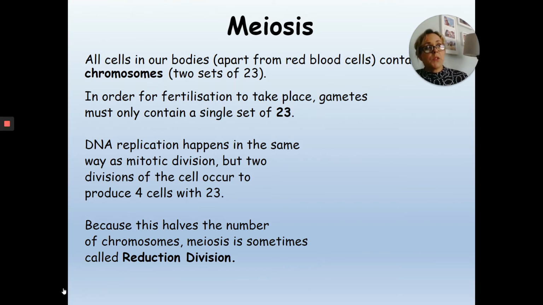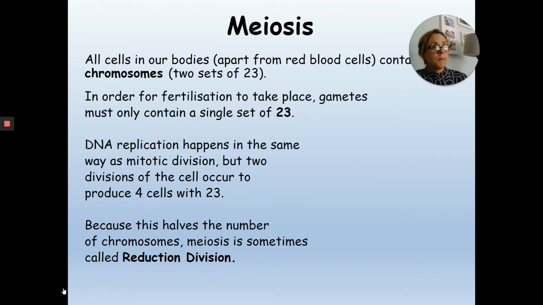So with meiosis, it starts in a very similar way to mitosis, in that DNA replication has to happen before the division occurs, but there has to be 2 divisions to reduce the number of chromosomes by half.